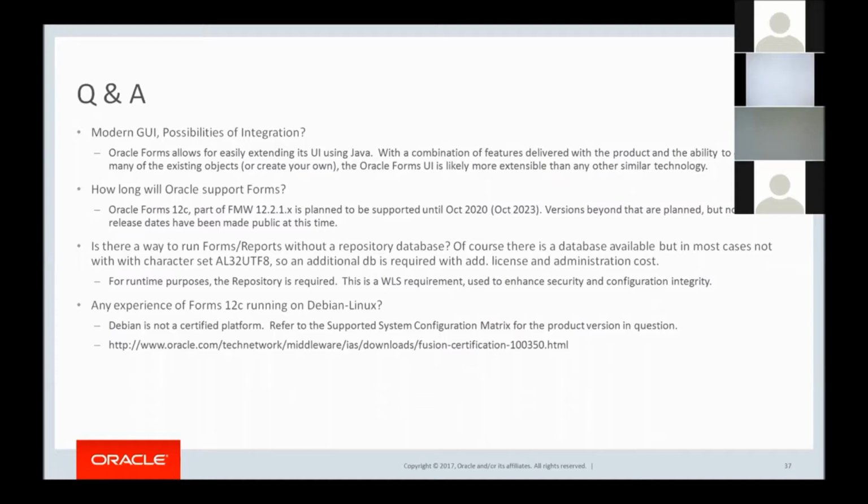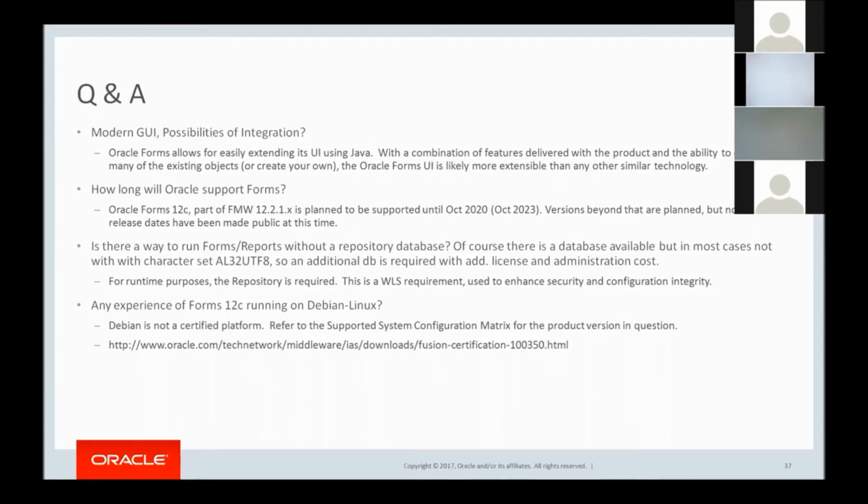If you don't like the way our buttons look, if you don't like the way our text fields look, or any other object that we deliver, you have the ability to change them using pluggable Java components. If you don't see a component that we offer that you want, you could create your own through a Java bean. So you have the ability to make your Forms application do nearly anything you want.